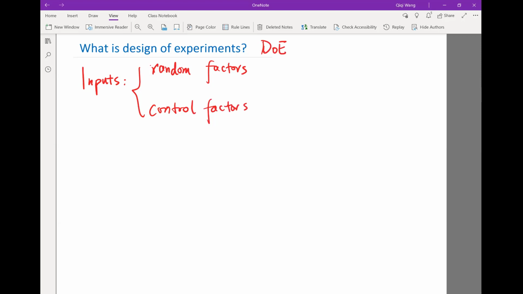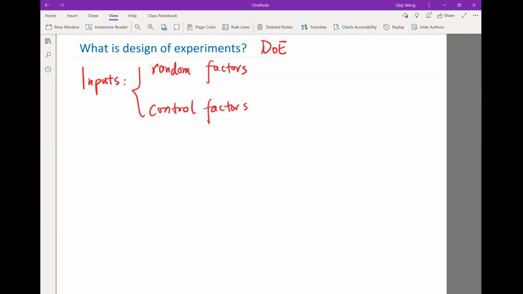How much does the airplane weigh, etc., etc. A lot of control factors go into the study, and the output of the study might be, okay, what is the range of the airplane, right? How much payload is it going to carry, right?